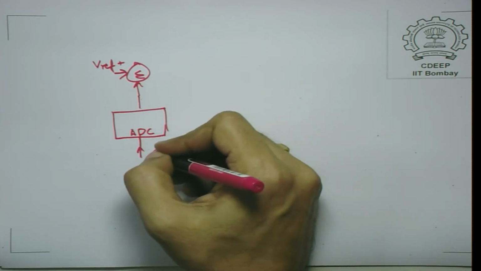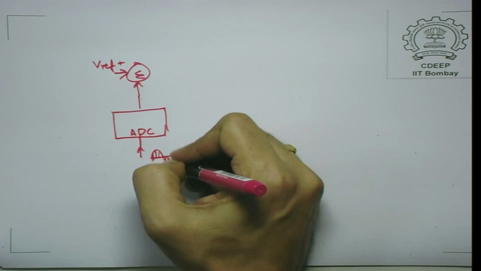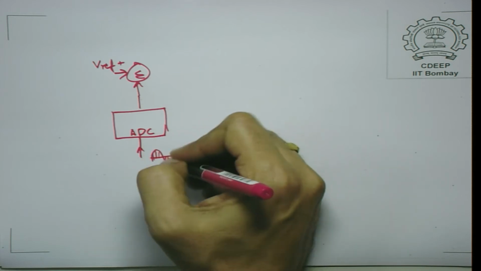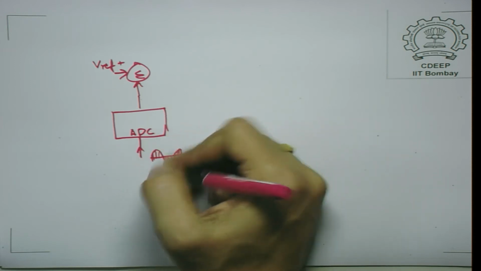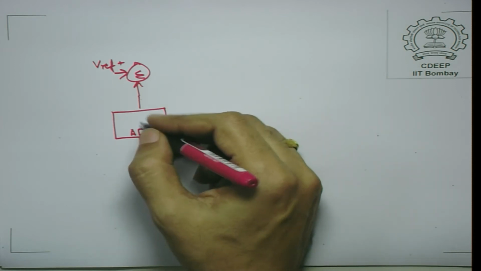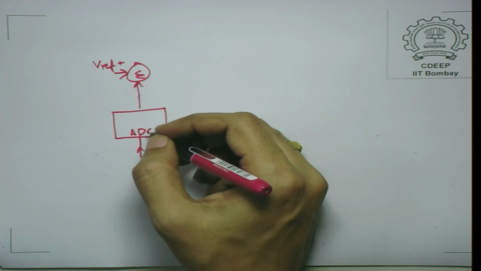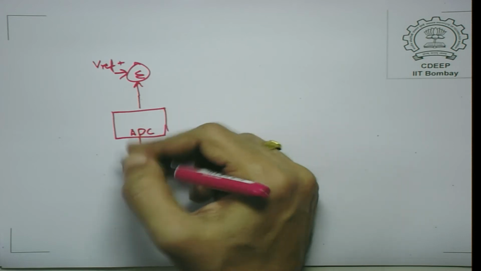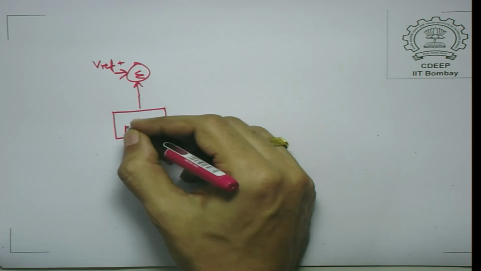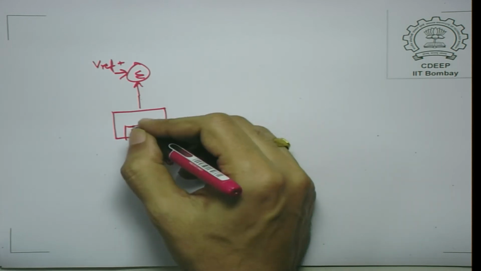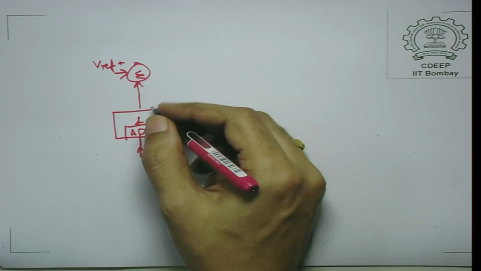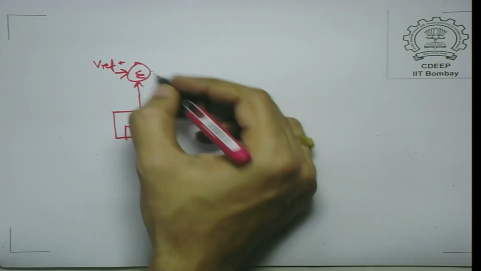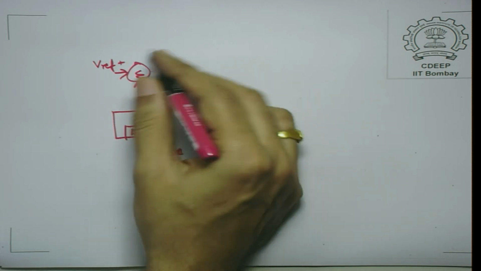Of course, the sampling should be fast enough so as to avoid aliasing, so that you can represent this signal in a more accurate manner, you have to sample at high enough frequency. Once you convert it into a discrete time form, you have to convert it afterwards into a number. So, eventually this ADC converts each sample into a number, and this number is fed into a computer, which does this difference operation.